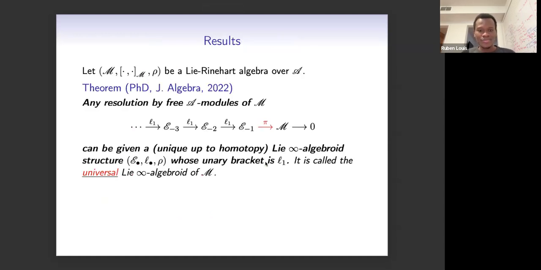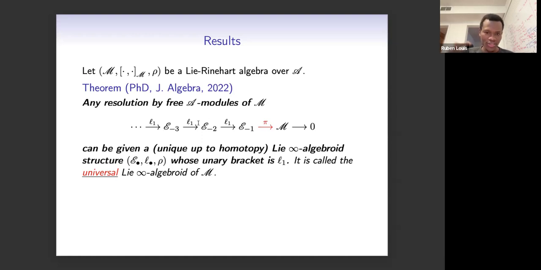And from a result in my PhD, I proved this. If we have a Lie-Rinehart algebra over A, then as a module, M always admits a free or projective resolution, which encodes all the possible relations in M, the relations between relations, and so on. In that resolution, you can construct an infinity algebra.